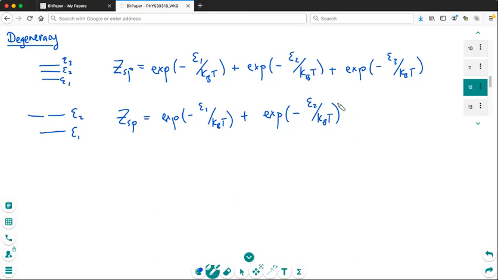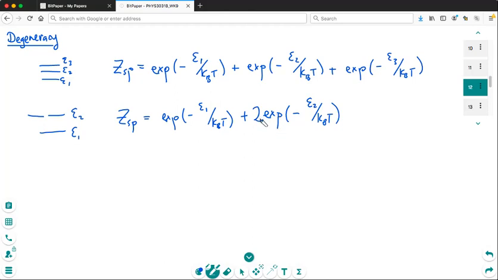Now I have to sum over everybody, over all possibilities. So I will have to add another term, which is e to the minus epsilon 2 over kBT. Okay, so I can also just group them together like this.